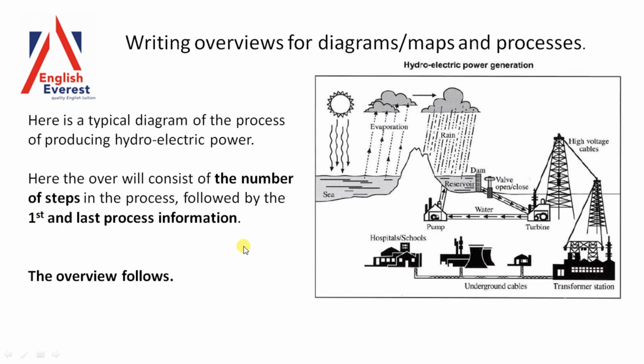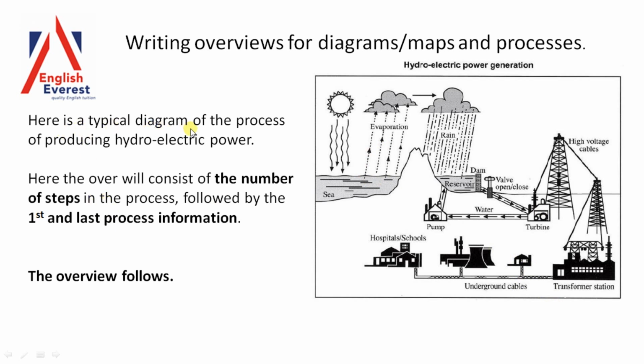So the first thing we can see here is a diagram showing hydroelectric power generation. If you look at the diagram, you can see it's sequential. It starts here, it finishes here. So what you do is you count the number of steps, and then you just talk about the first one and the last one.